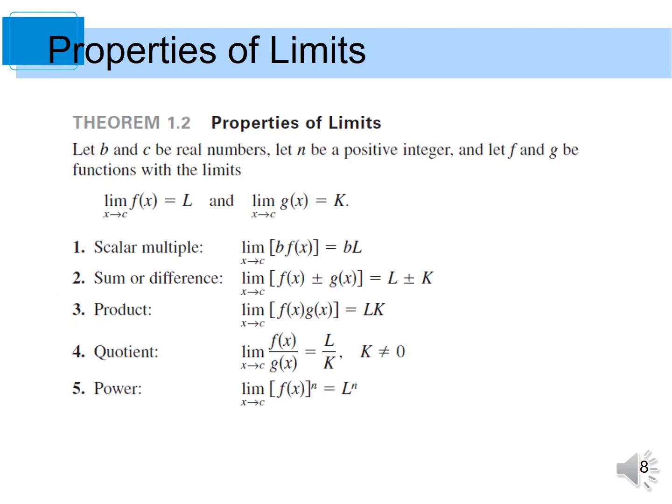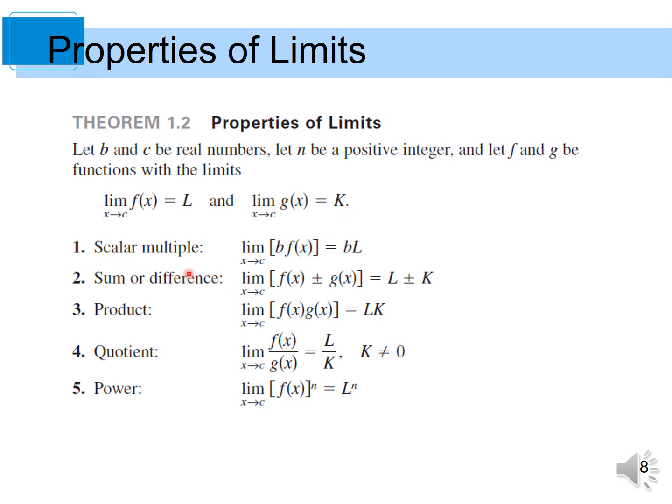Look at some properties of limits here. Let b and c be real numbers, let n be a positive integer, and let f and g be functions with limits. The limit of f(x) as x tends to c is equal to L, and the limit of g(x) when x tends to c is equal to k.